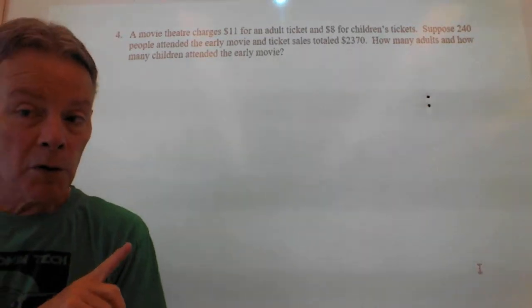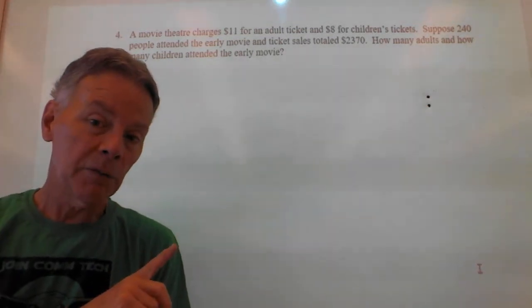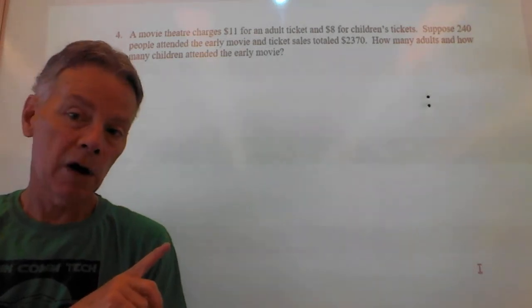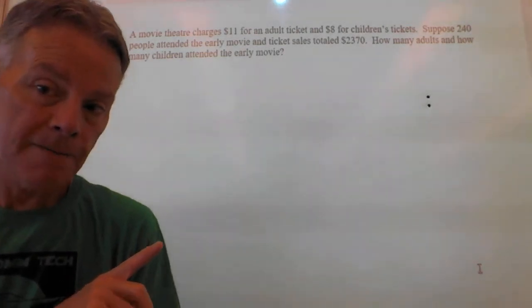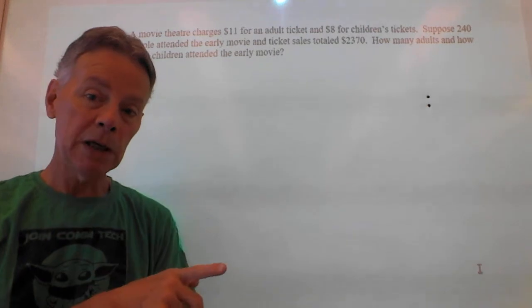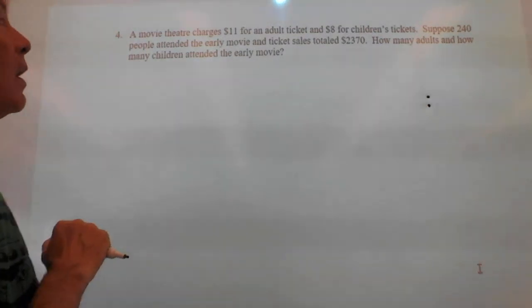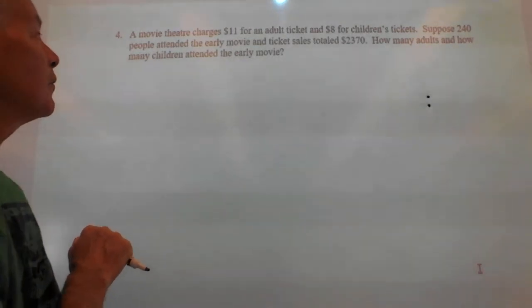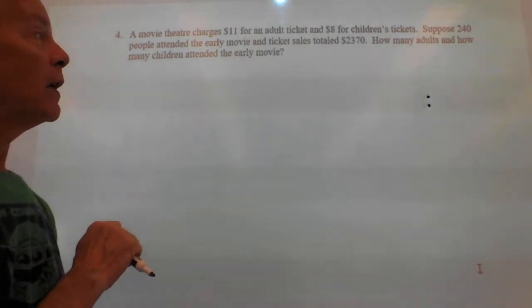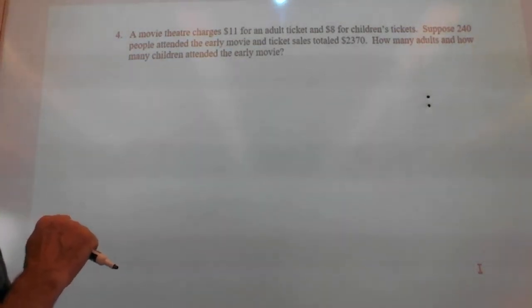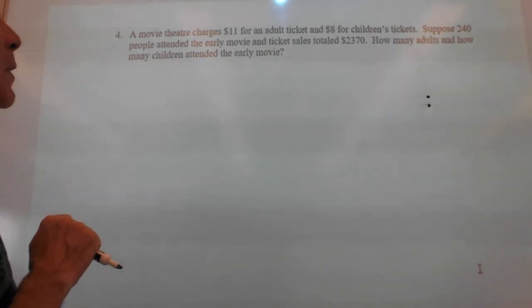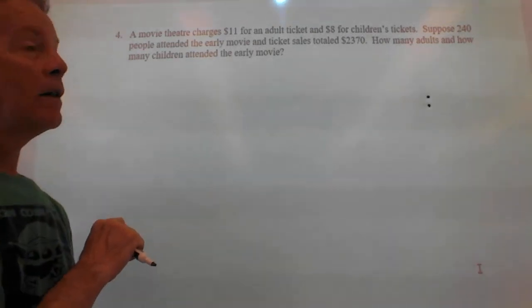It's different from the one we just did previously because in that one we didn't know what the cost of the tickets was, okay? But we knew how many people were in each car. In this one it says, suppose 240 people attended the early movie and ticket sales totaled $2,370. How many adults and how many children attended the early movie?